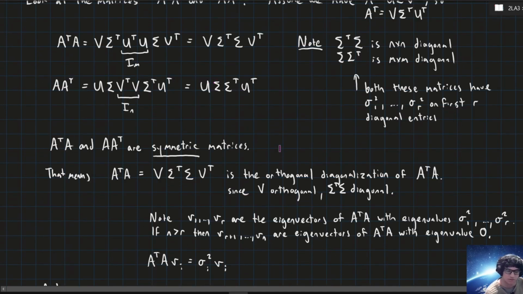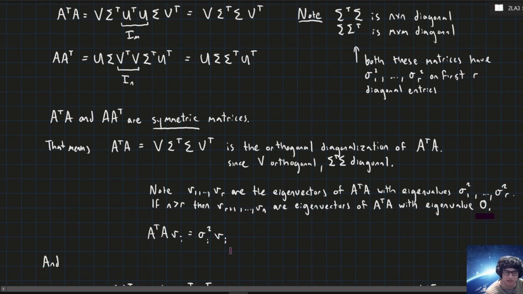The first V1 through VR eigenvectors of A transpose A will have eigenvalues sigma 1 squared through sigma r squared. If it happens that n is greater than r, then we'll have a few more v vectors left over, and these will be eigenvectors of the eigenvalue 0. This is the eigenvalue-eigenvector expression in terms of the v's and sigmas that we're looking for.